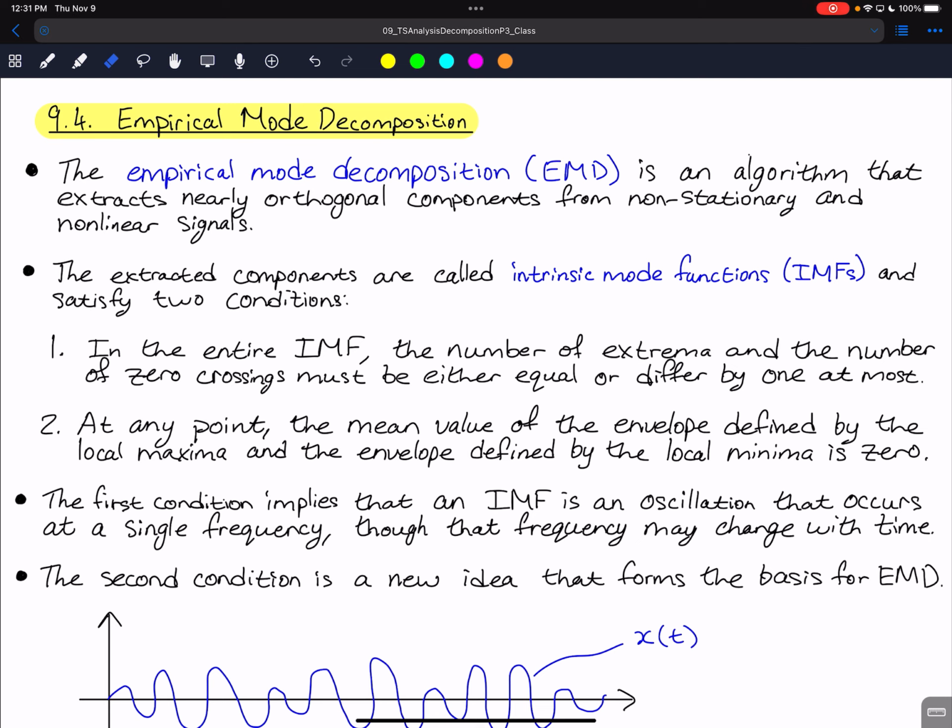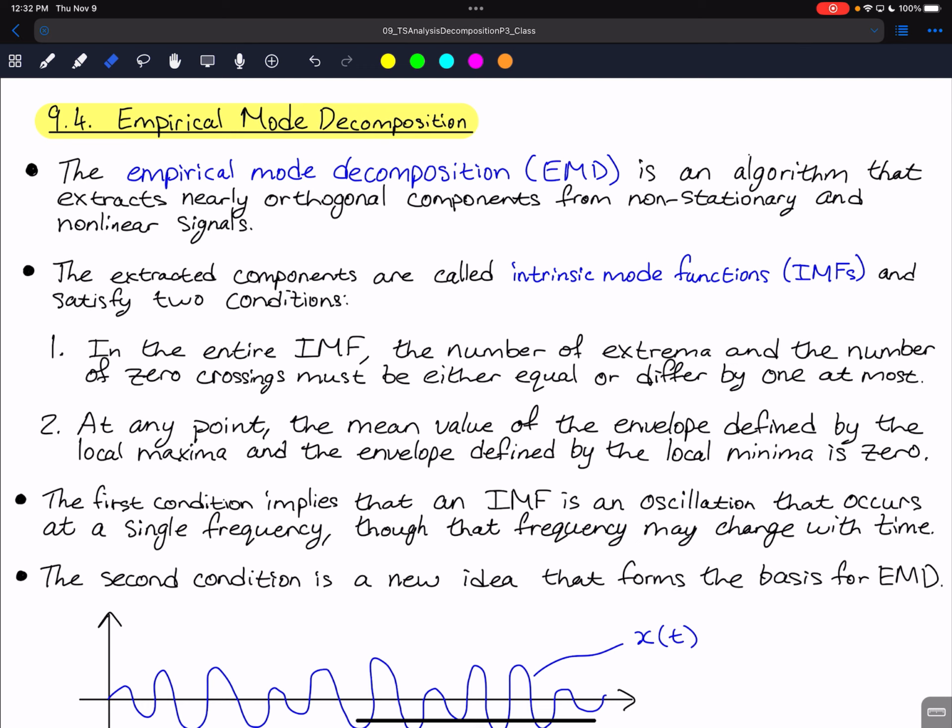So when we say they're nearly orthogonal, there is a definition of orthogonality that you can find in the paper. We won't cover it in the notes, but what you need to know is that the components are not perfectly orthogonal to each other, like the basis vectors in the POD, or the temporally varying components in POD, which are perfectly orthogonal.